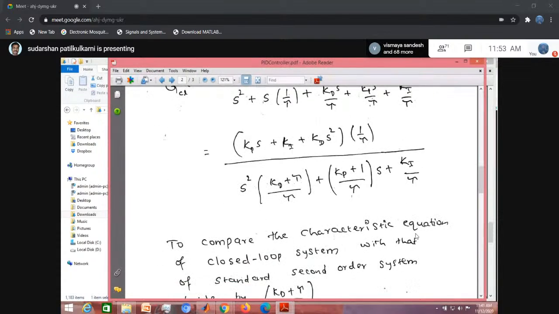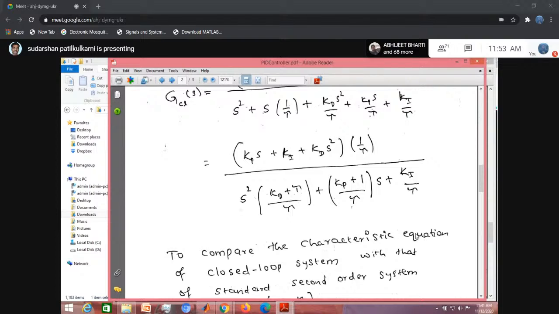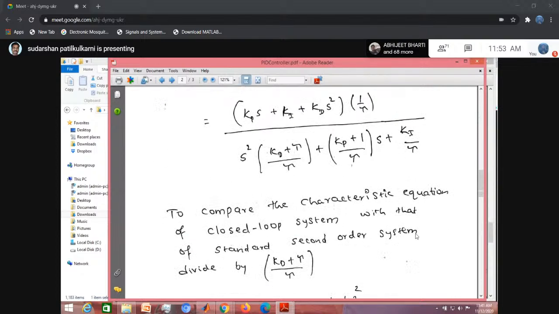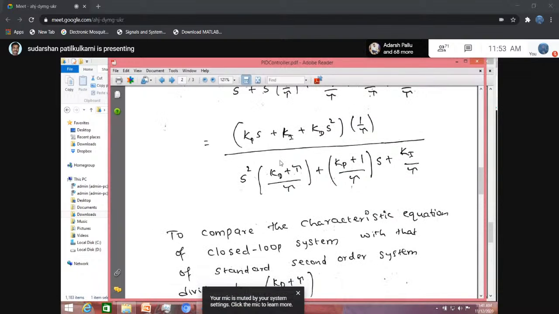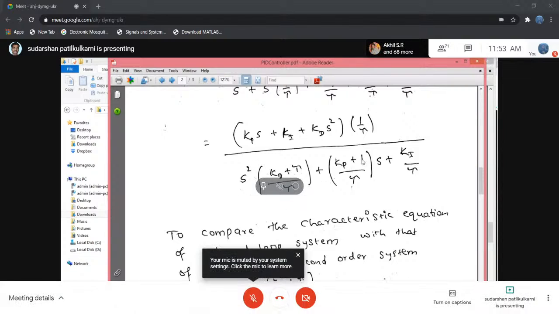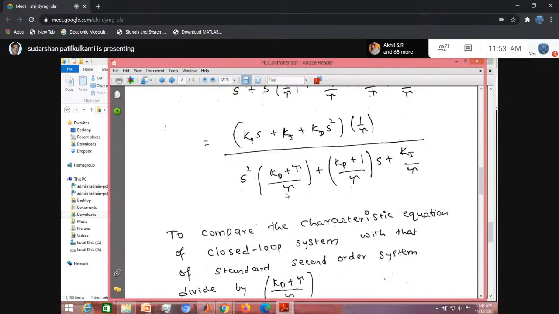Now, if we have to compare this characteristic equation with the standard second order form, in the standard form the coefficient of S square is 1. So if you want to do the comparison, we need to divide this characteristic equation by Kd plus tau divided by tau.